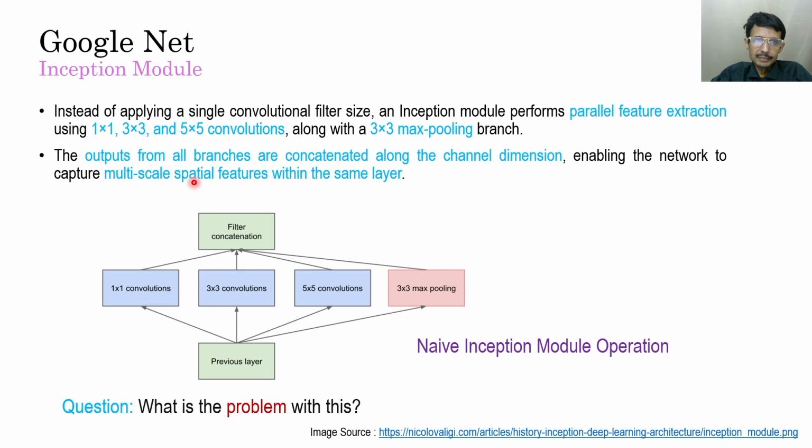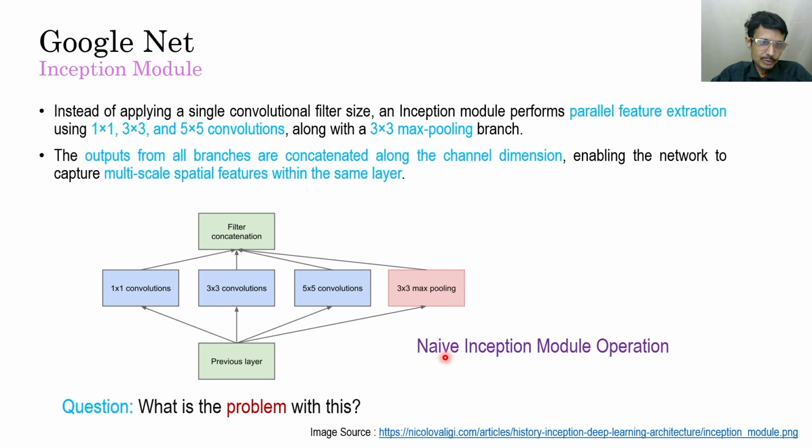These outputs are concatenated along the channel dimension, enabling the network to capture multi-scale spatial features within the same layer. That is very important. So this is the basic architecture.